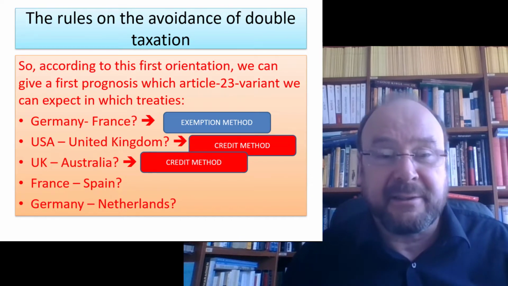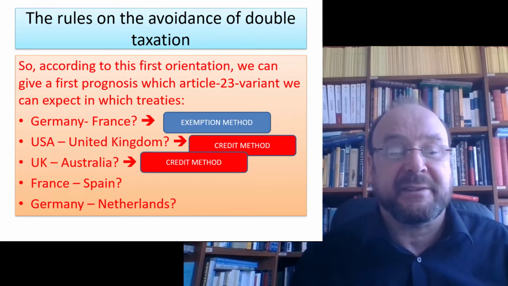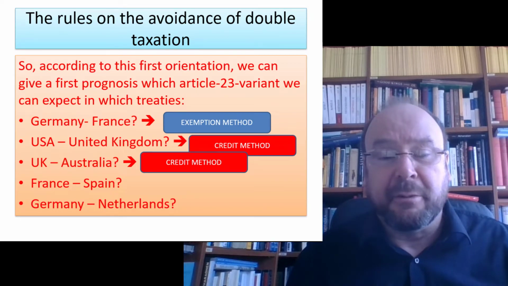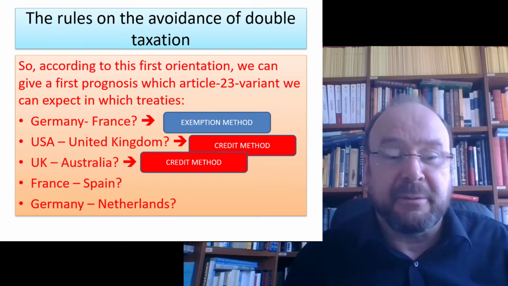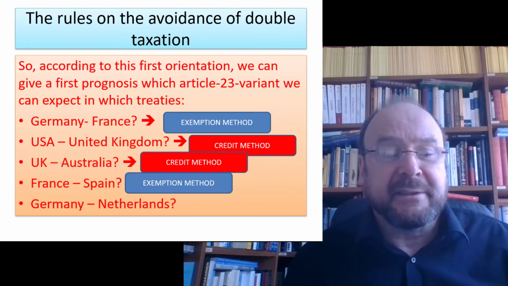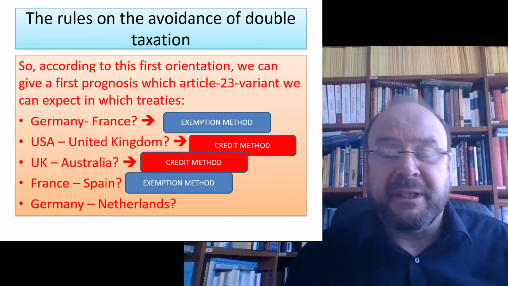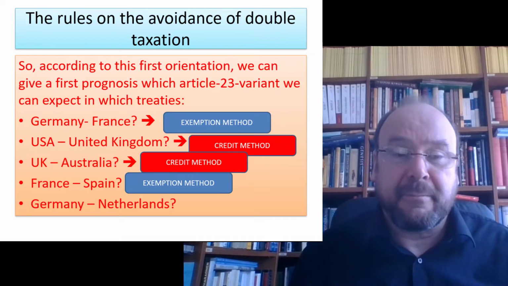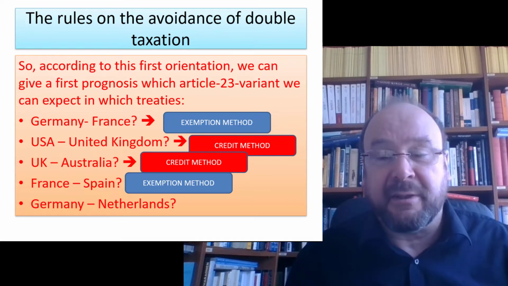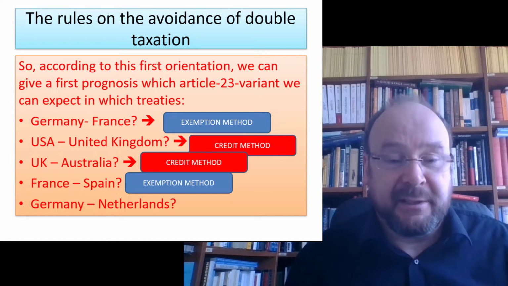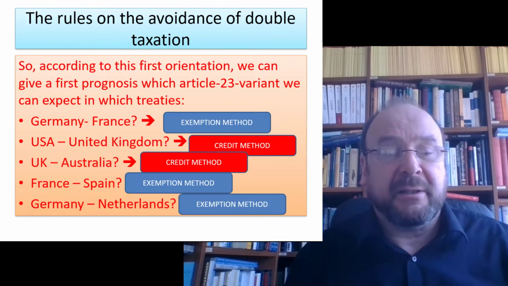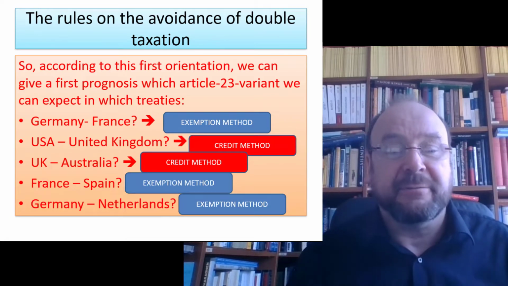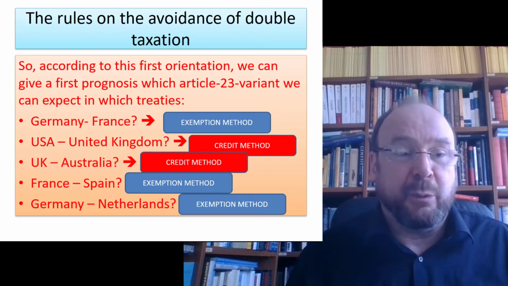France and Spain is definitively not Anglo-Saxon, but continental Europe. France was Napoleon's home country. Spain was given to Napoleon's brother for a time, so exemption method. Germany, Netherlands, well, both are in continental Europe, so exemption method. So that works pretty well, and I'm pretty sure if you look up these individual treaties, you will find that that mostly works.